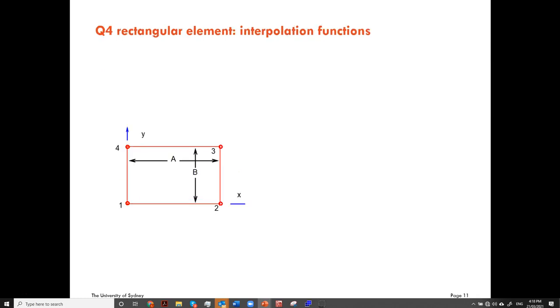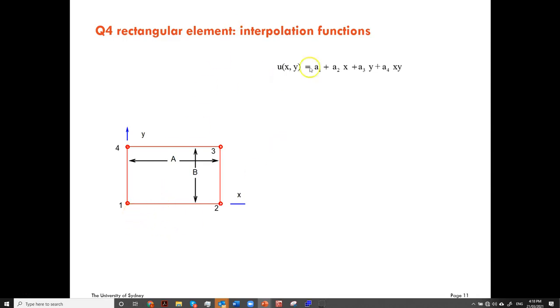So we can improve this element and introduce an even better element, that is the quadrilateral element or the rectangular element. This is a rectangle element, with dimensions a and b, 4 nodes, and the shape is a rectangle. In this case, we need 4 shape functions to make the interpolations.